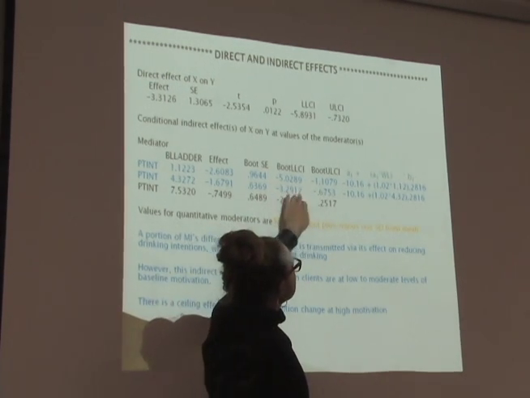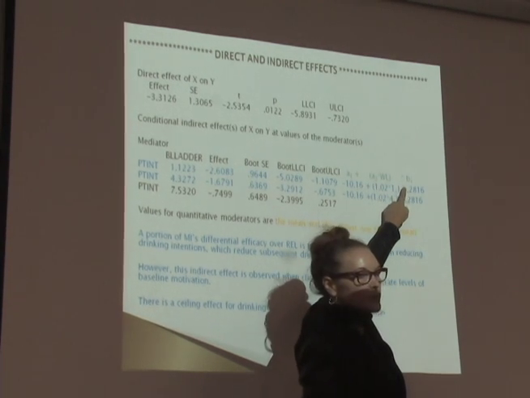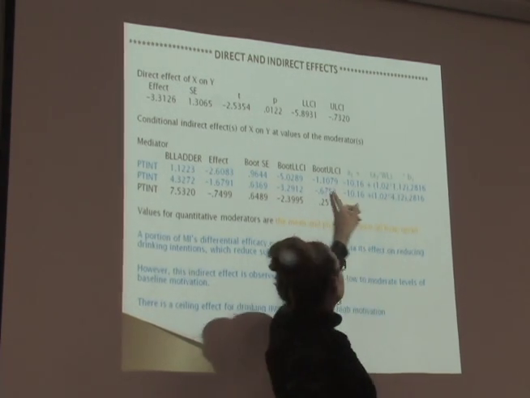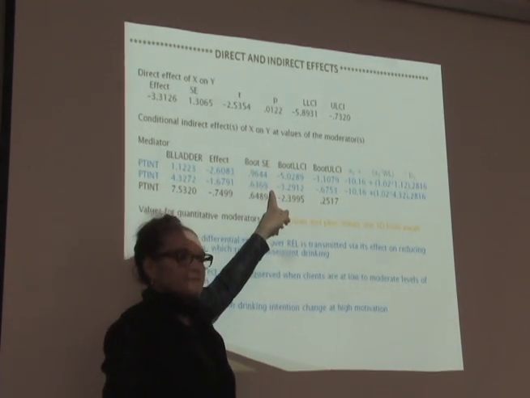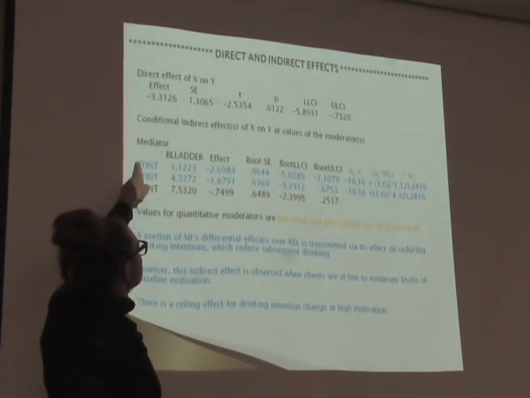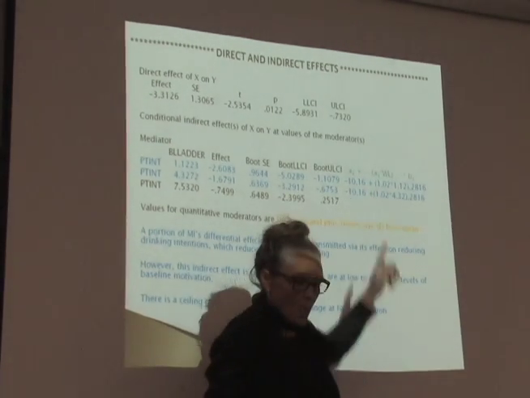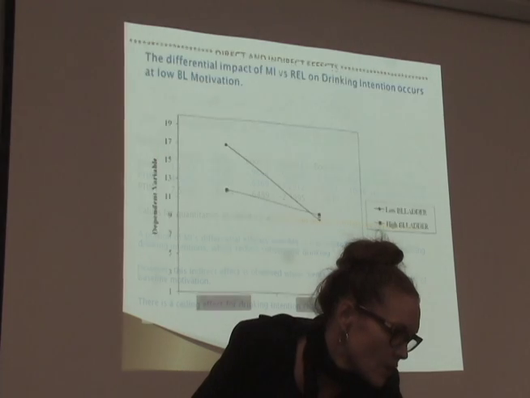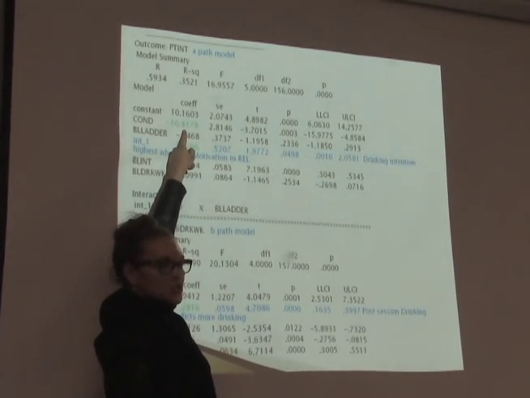And so for these two, I plugged in the numbers to illustrate what the product of coefficients would be for the two significant values of the moderator, right? Which is low and medium. So we've got A1, which we go back, we go back as the effect of condition, right?